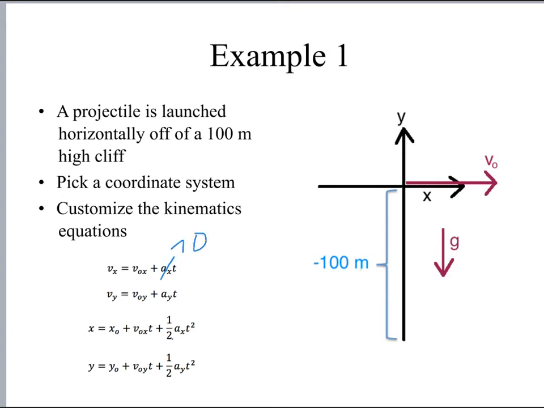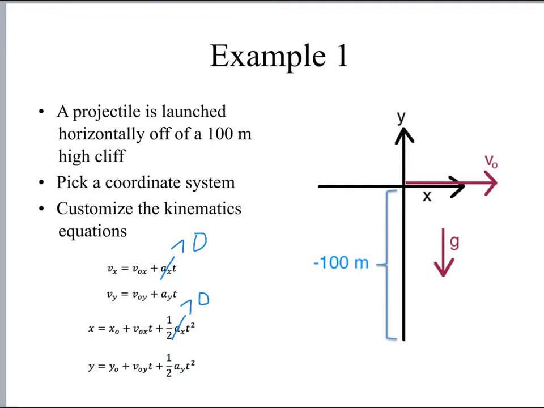So everywhere I've got an a sub x, I plug in 0. And again, if a problem said there was a horizontal wind creating a negative 6.0 meters per second squared acceleration in the x direction, you'd plug in negative 6 there. You just plug in what you're given in the problem. But for most problems, the x component of acceleration is going to be 0.